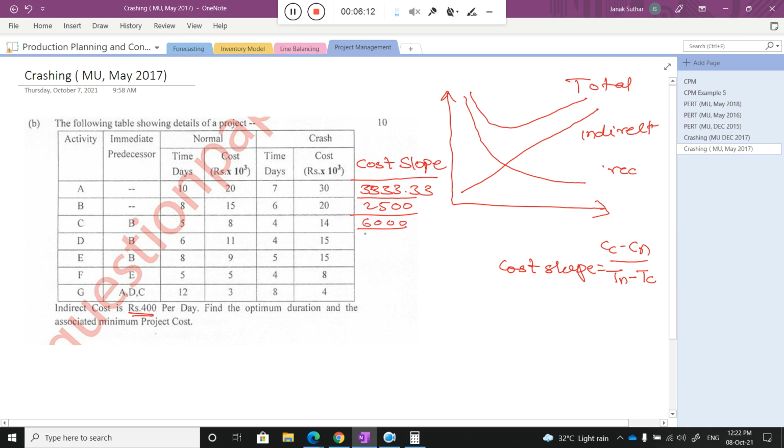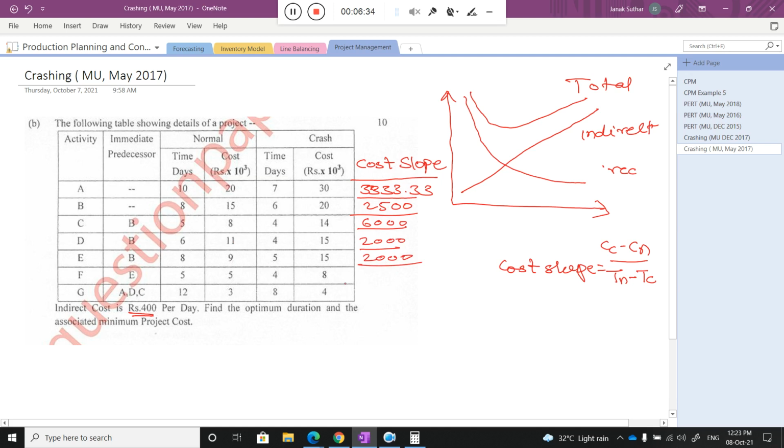Very good. Can you calculate for activity D? It's 2,000, right? The 15 minus 9 again, 8 minus 5, 3. Again 2,000.